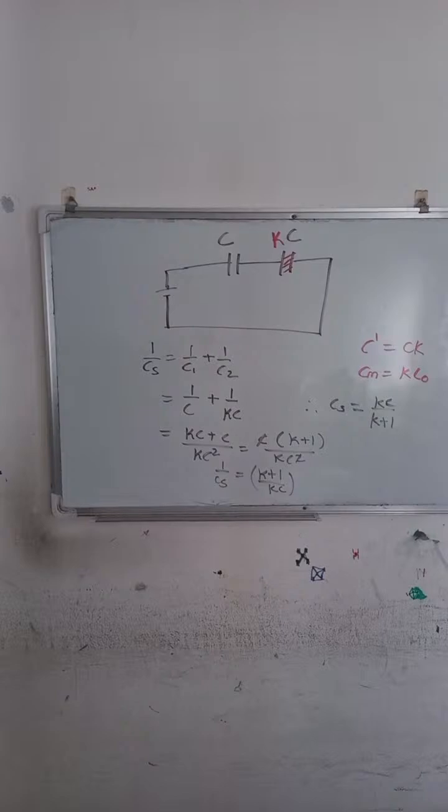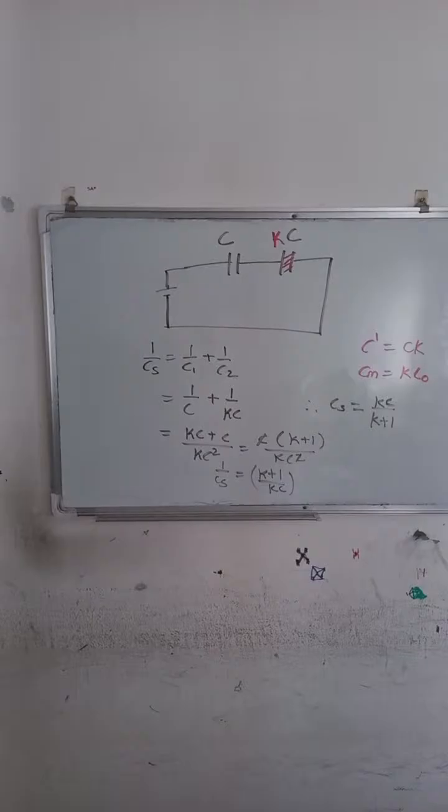Options are given: first option 4, second option 40, third is 2.5, and D, none of the above. So now can you try to solve this?